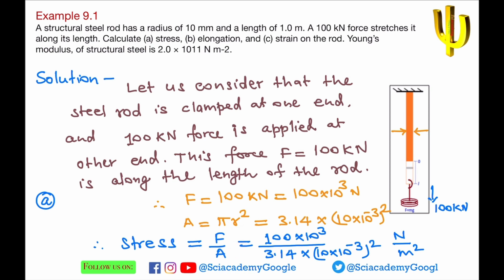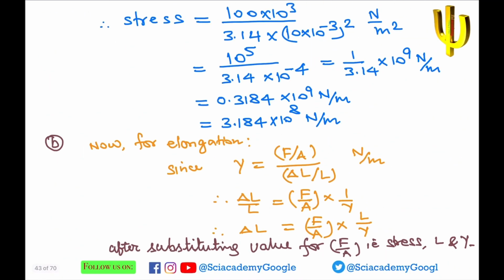After substituting the values of force and area of cross section, we get stress is equal to 100 into 10 to the power 3 divided by 3.14 into (10 into 10 to the minus 3) whole square Newton per meter square, that is the unit of stress. After simplification, we get this.